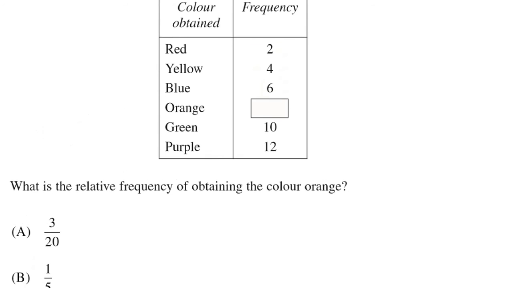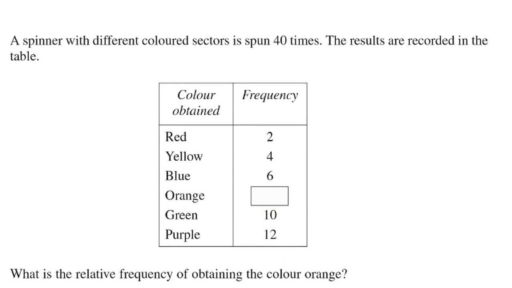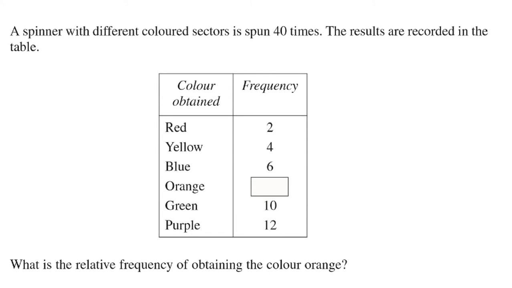So there are 2 ways to approach this problem. Just leave it like this first. The first way, we just add this up first. 4 plus 6 is 10, plus 2 is 12. These added together give me 22. So if you add 12 plus 22, that is 34. So that is not orange. 34 of them are not orange. So this means that, 40 altogether.